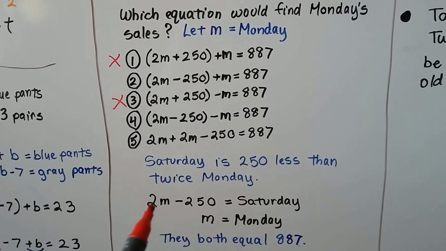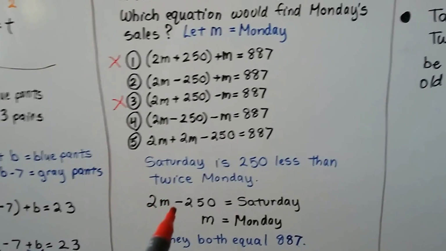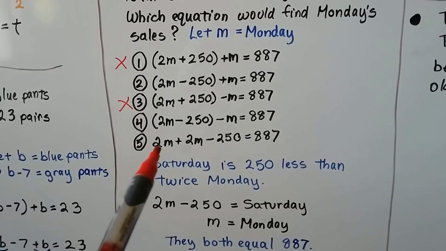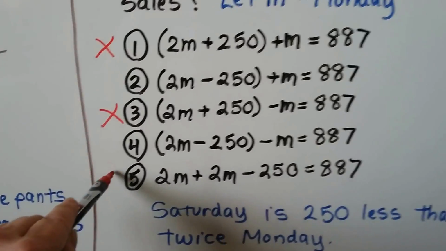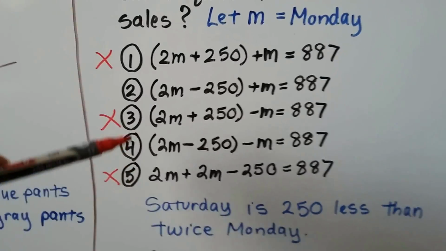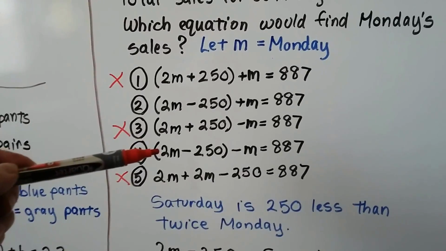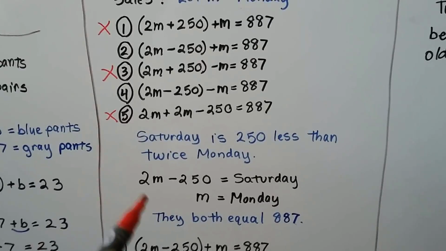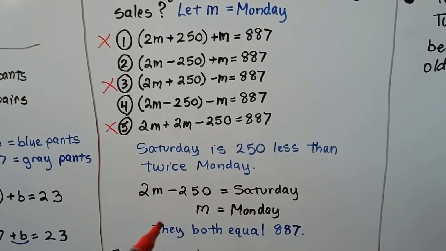So now we've got 2M minus 250. So it can't be this one. So we know it's not number 5. So now we've got it down to it's either 2 or 4. It's one of those, okay? Now it says they both equal 887.